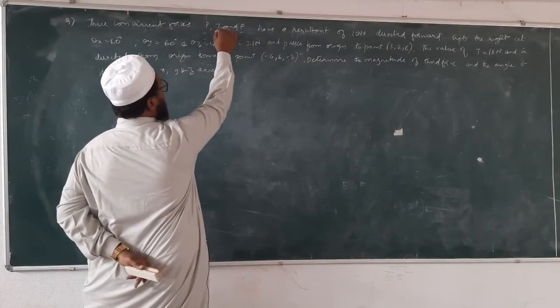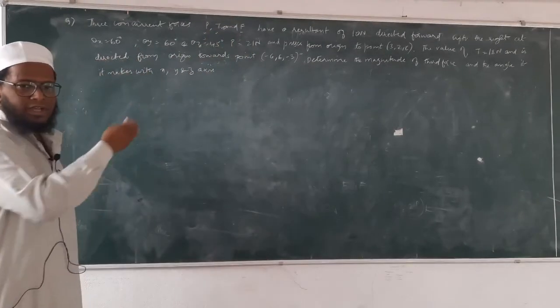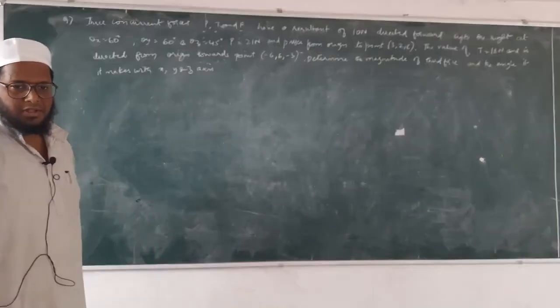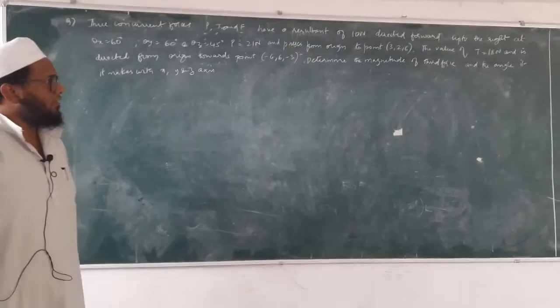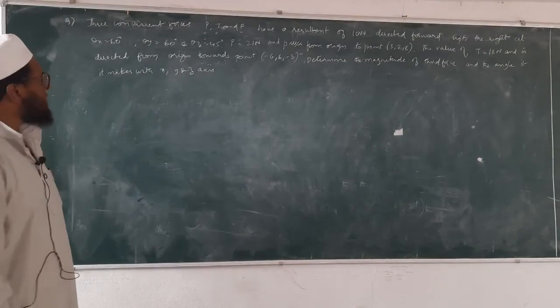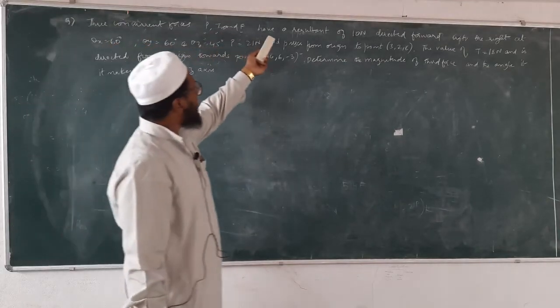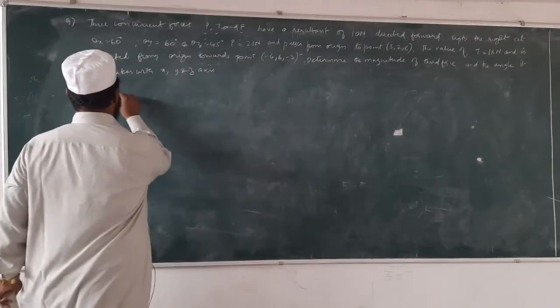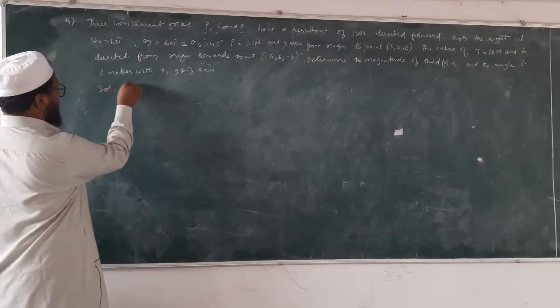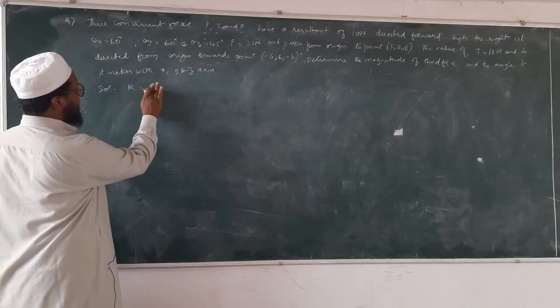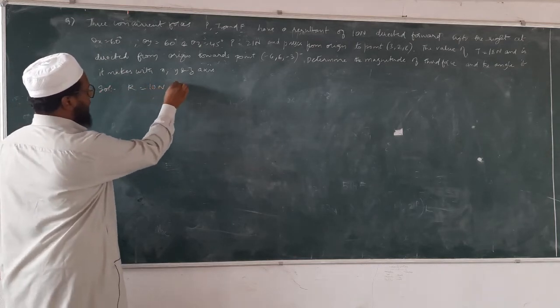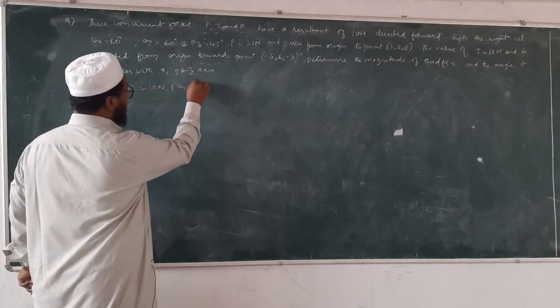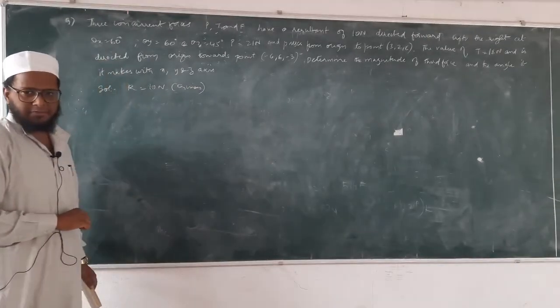P is given to us, T is given to us. There is no diagram given in the question. So initially, let's take the resultant, whatever is given to us, right from the beginning: a resultant of 10 newtons.